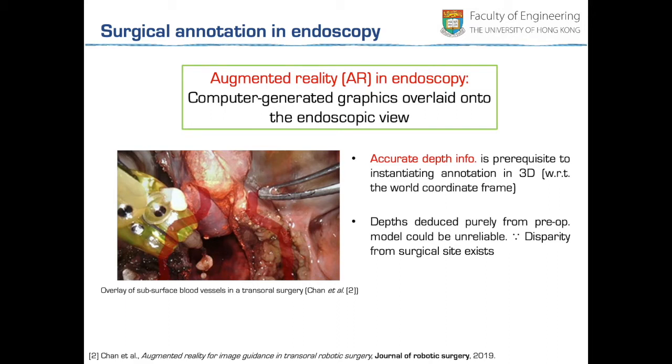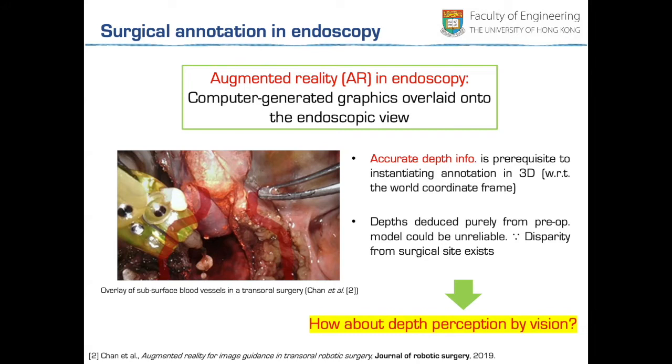However, we need to bear in mind that 3D anatomic model segmentation highly depends on scanning quality and human segmentation skills, and the fact that soft mucosal linings are not clearly observable in CT scans. As a result, disparity between the surgical site and pre-op models may exist, and depth deduced purely from the pre-op model may then be unreliable. Then, how can we get more reliable depth?